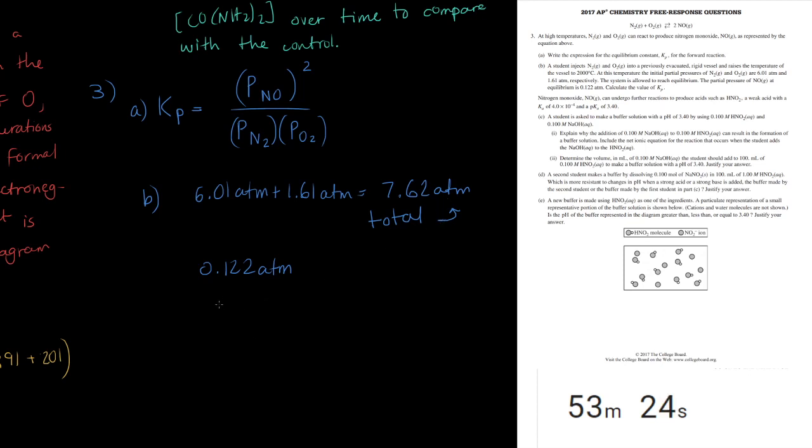We have 6.01 atmospheres and 1.61 atmospheres. I believe what we can do is say that whatever amount went in to create the nitrogen, let me just do some calculations.